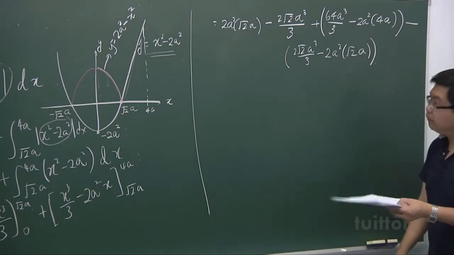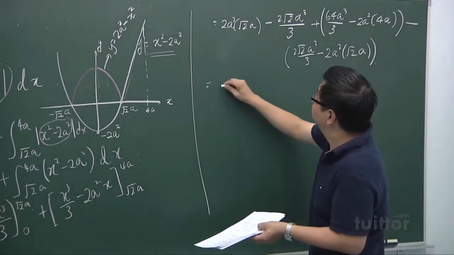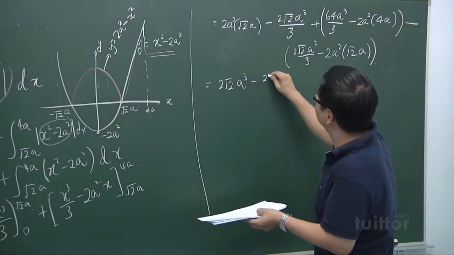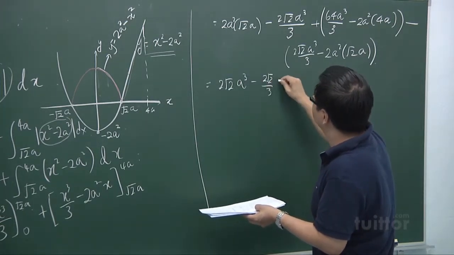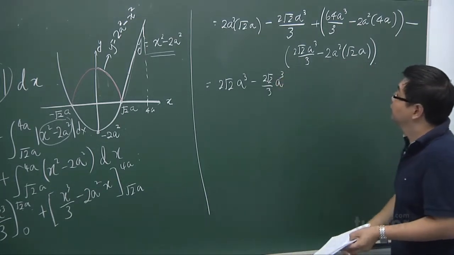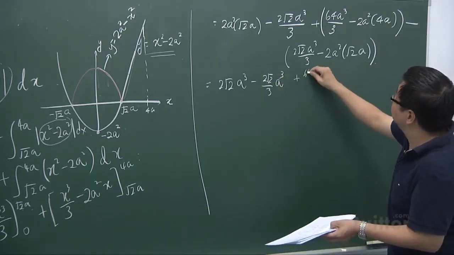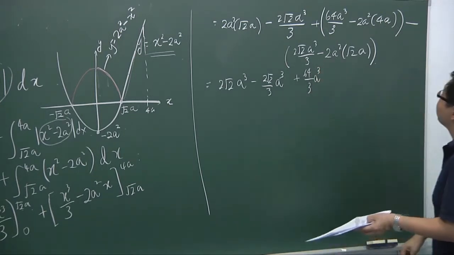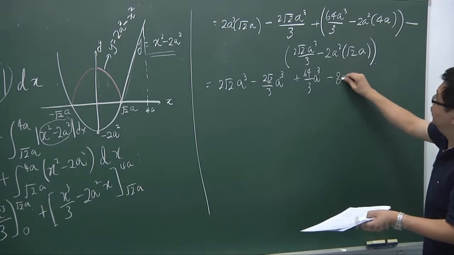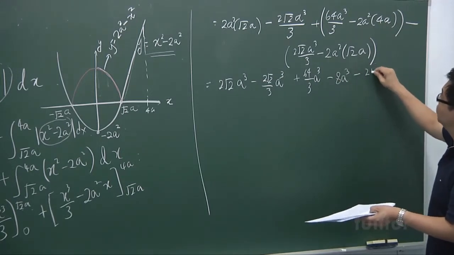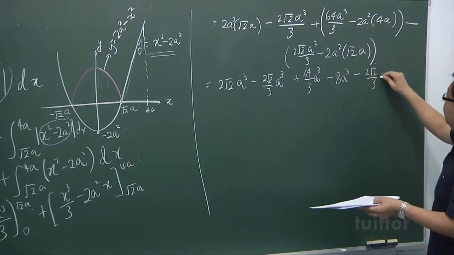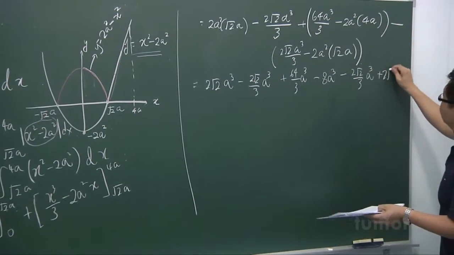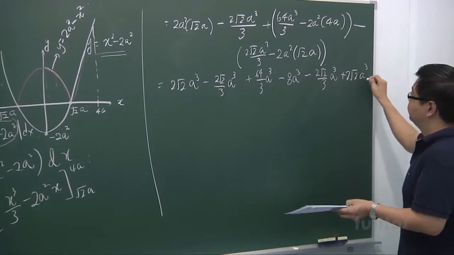So a quick simplification will give me 2 root 2a cubed minus 2 root 2 over 3 a cubed, minus 60 plus 64 over 3 a cubed, minus 8a cubed minus 2 root 2 over 3 a cubed, and plus 2 root 2a cubed.